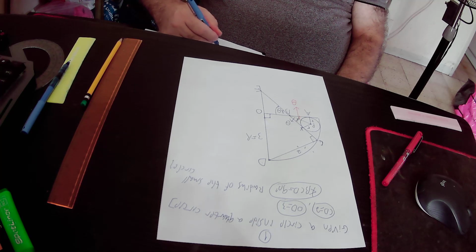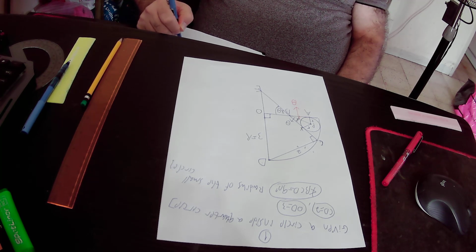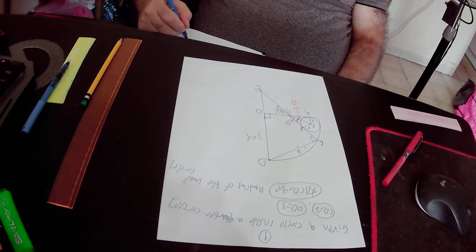Okay, DE is the diameter of the quarter circle.